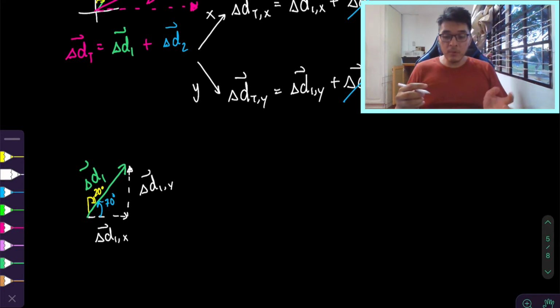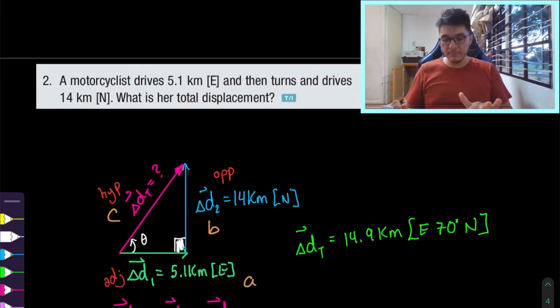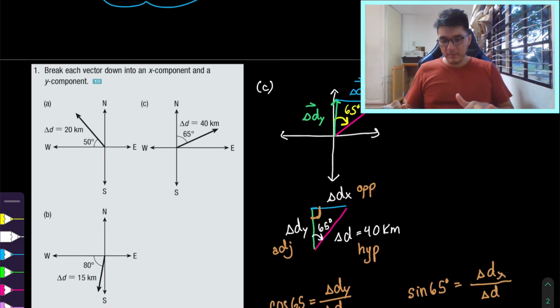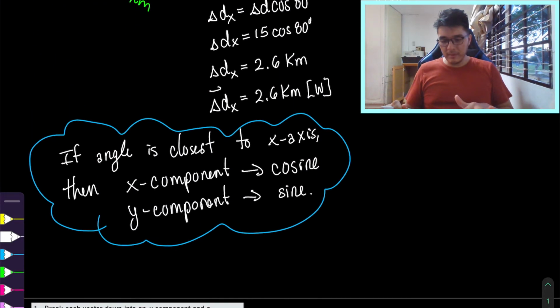Now the reason why we find the x and the y components by first changing the angle closest to the x-axis, I showed you in a previous video that if the angle is closest to the x-axis, then the x component is the cosine ratio of it, and the y component is the sine ratio of it.